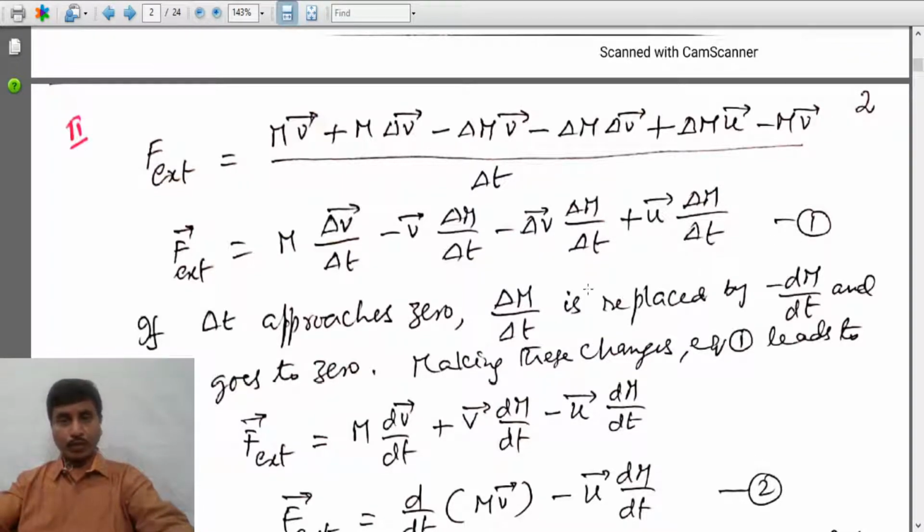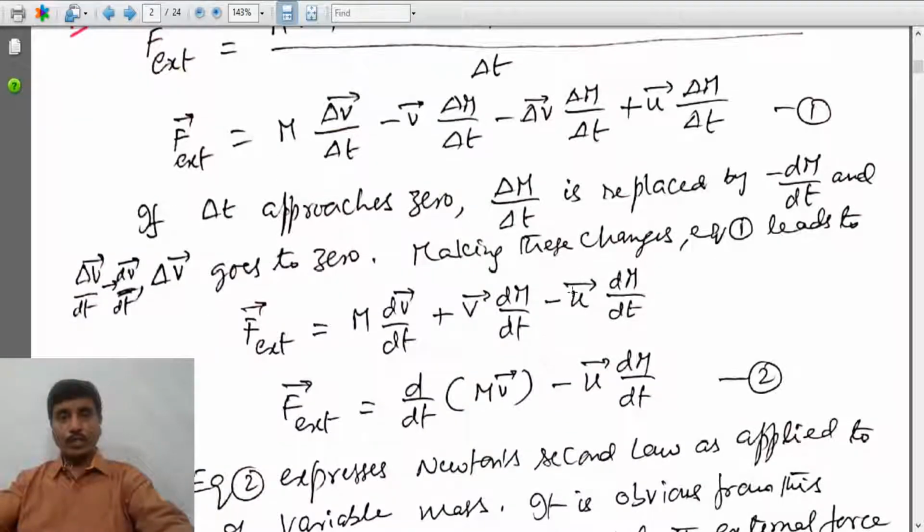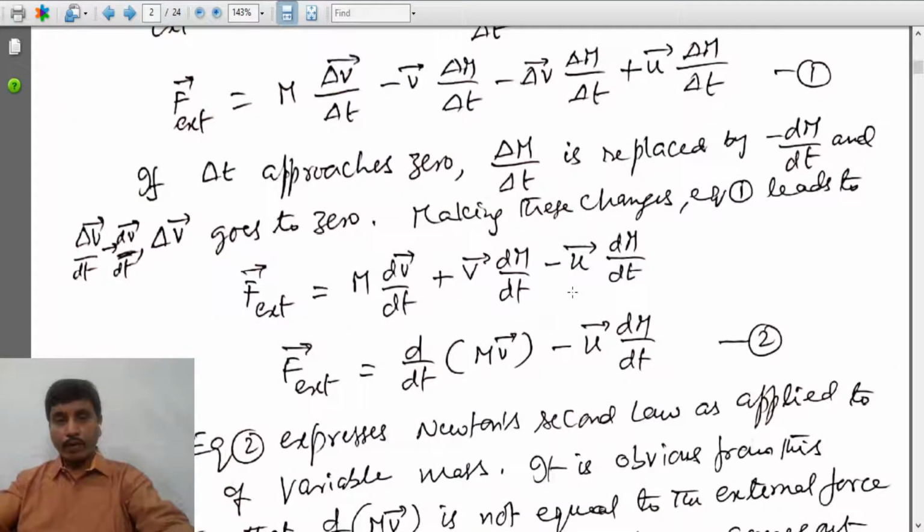That is equation 1. In this equation, the time interval delta t is very small. If delta t approaches 0, delta m by delta t is replaced by minus dm by dt. Here the negative sign represents that the mass of the system decreases with the time, and delta v bar over delta t approaches dv bar by dt, and delta v bar goes to 0.